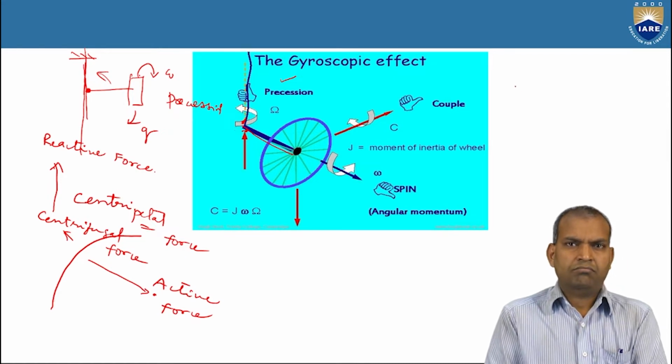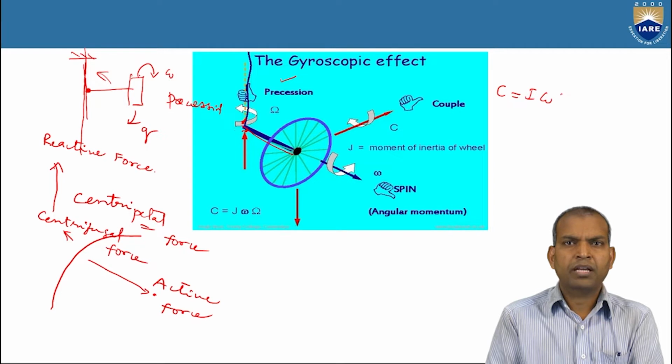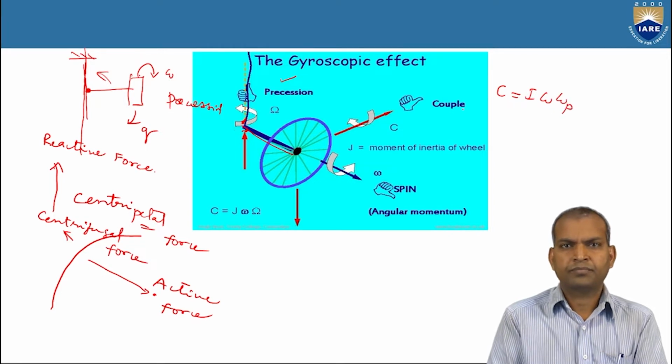Now, very important: the gyroscopic couple or gyroscopic torque is equal to I times omega times omega p.